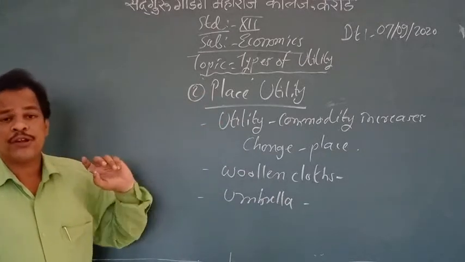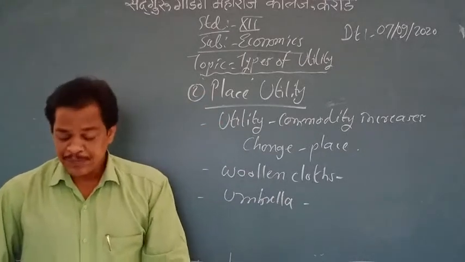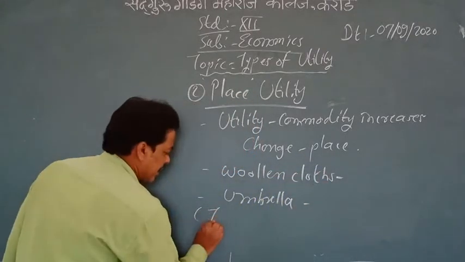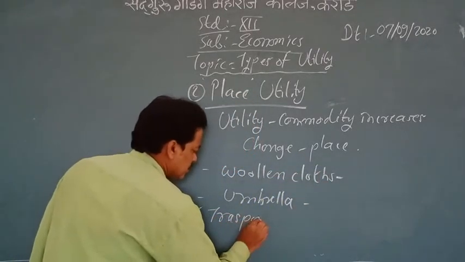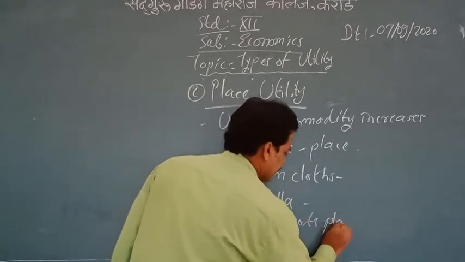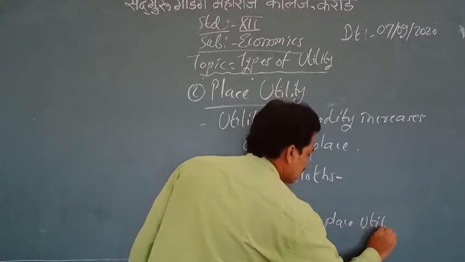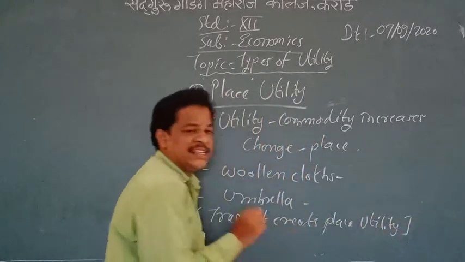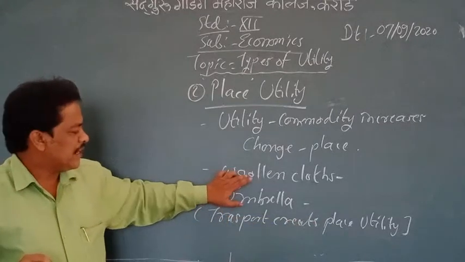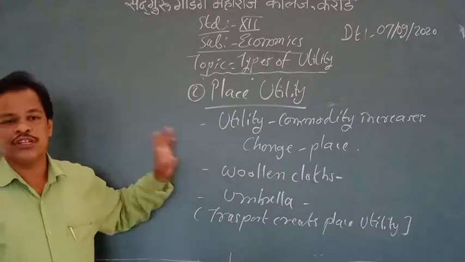Again, what is important? It is important for you to understand that transport creates place utility. This sentence is very important: transport creates place utility. For example, suppose there is demand for woolen cloths and woolen cloths are not available.